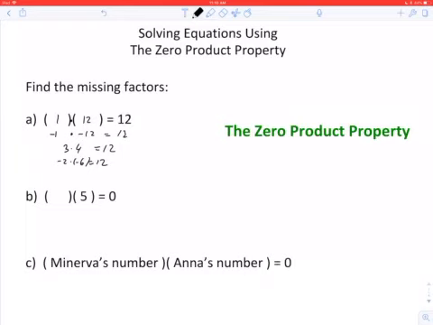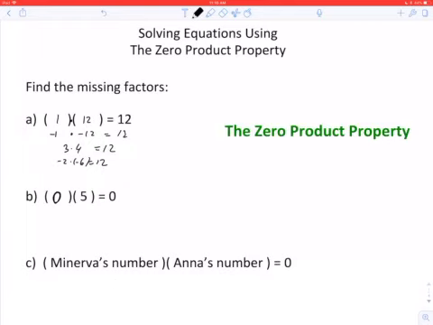Now let's see what number multiplied by 5 is 0. Well, in this case, we only have one choice. 0 times 5 is 0. Now, we have two girls that are thinking of a number, and the product of the numbers is 0. What can the numbers be in this case?